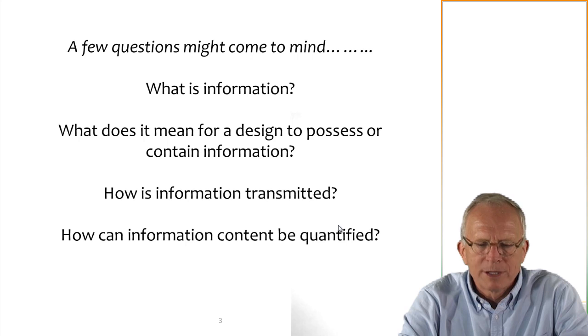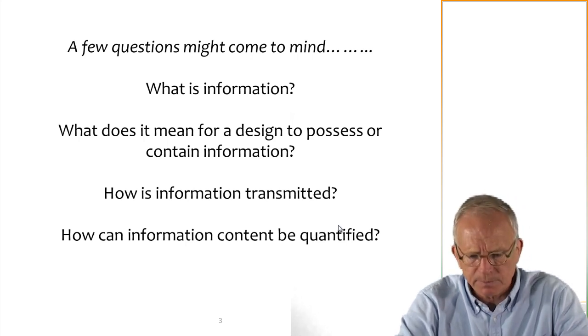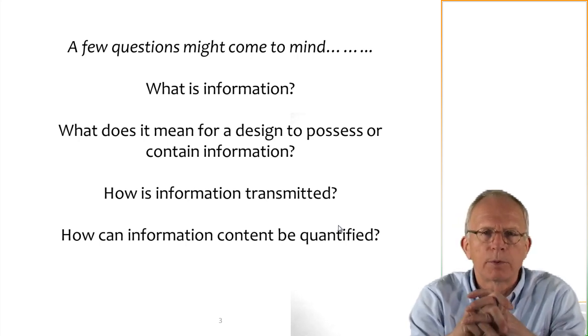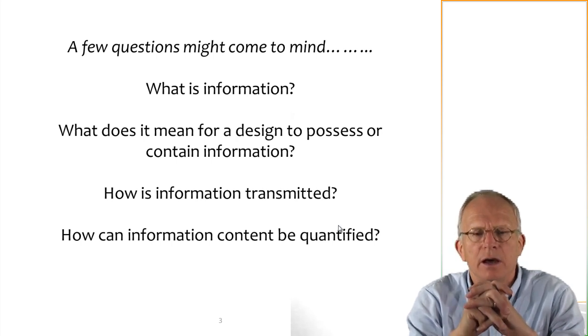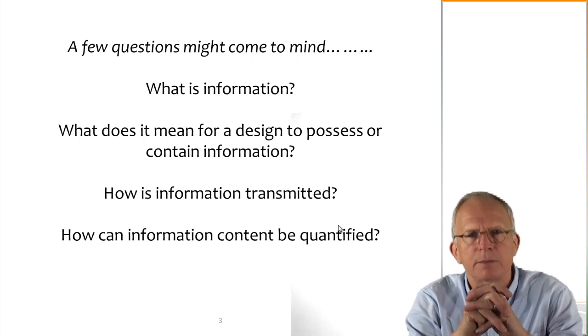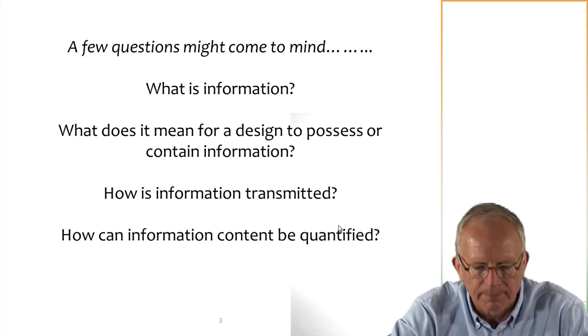So, for a design to possess or contain information means that there are some set of more precise or demanding criteria or complexities that decrease the probability that it will work.